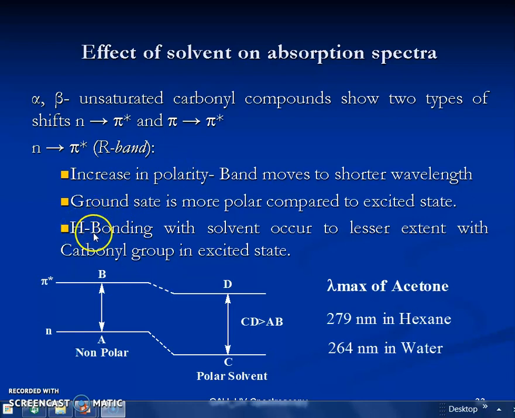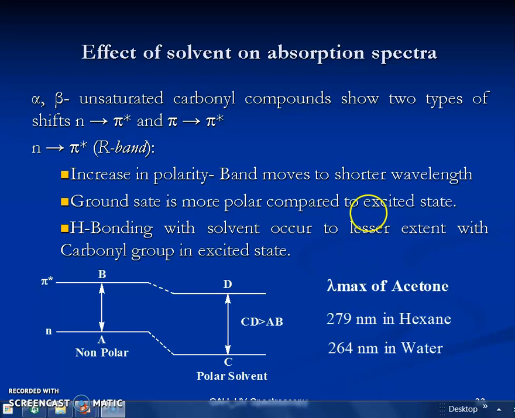And the other possibility is that the hydrogen bonding with solvent will occur to a lesser extent with the carbonyl group in the excited state. That is the reason there is not much difference in the shift of this B and D excited state. Okay, so I have taken an example, the lambda max of acetone. Acetone in hexane shows 279 nanometer as a lambda max. If I take the same acetone in water, the lambda max is at 264 nanometer.